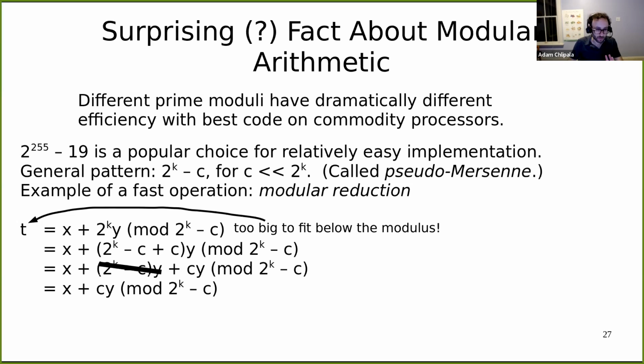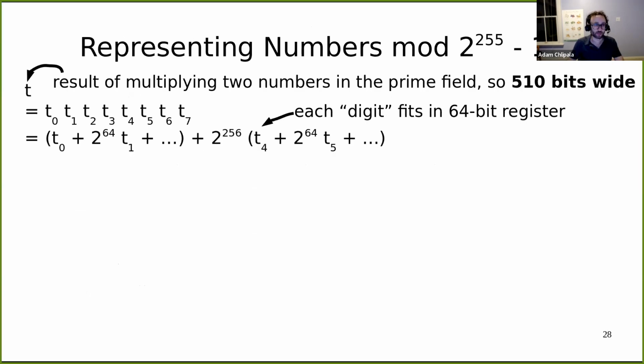Then let's look in a little more detail on how that multiply is going to be carried out. The result of multiplying two numbers in this prime field would naturally require 510 bits to represent. So let's break that out into 8 different digits of 64 bits each. And we can write the formula on the last line shown here to reassemble those digits into the single large integer.